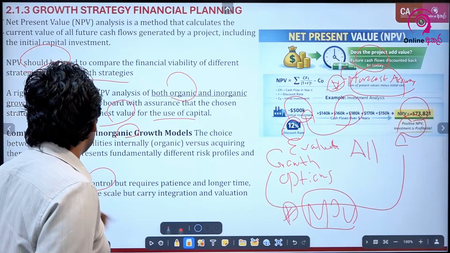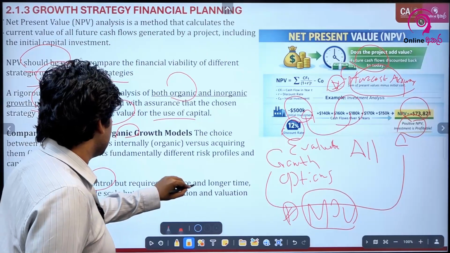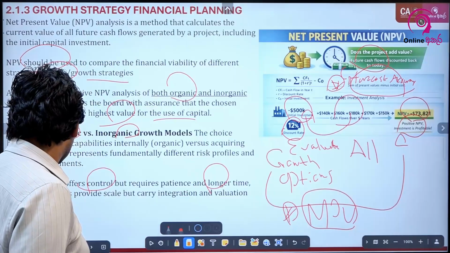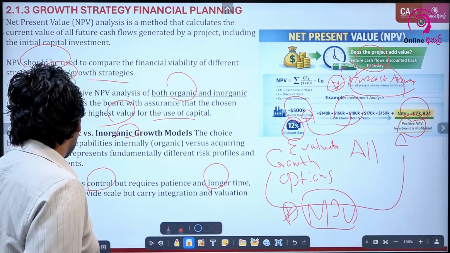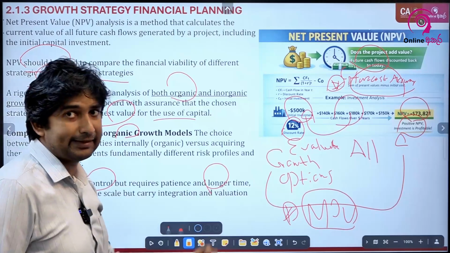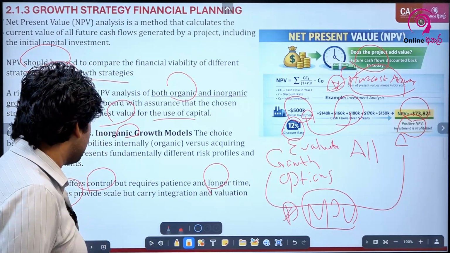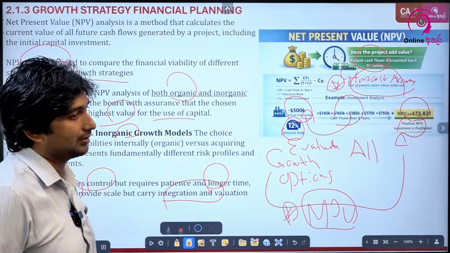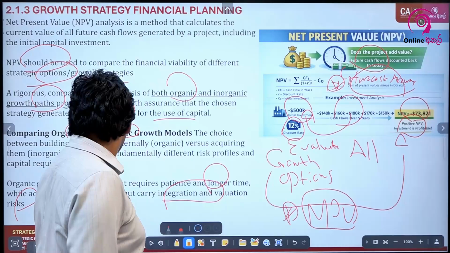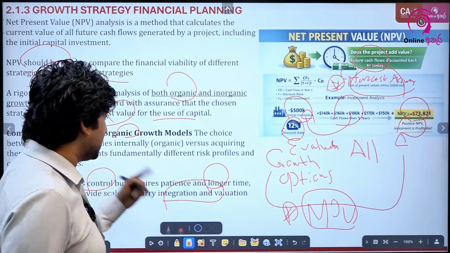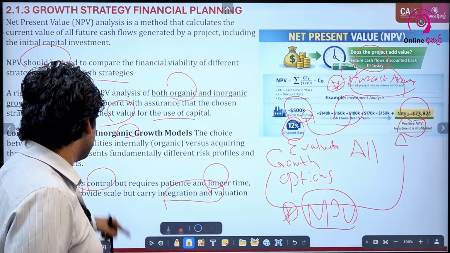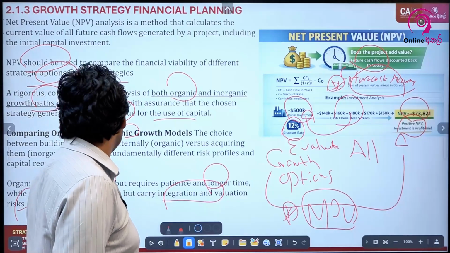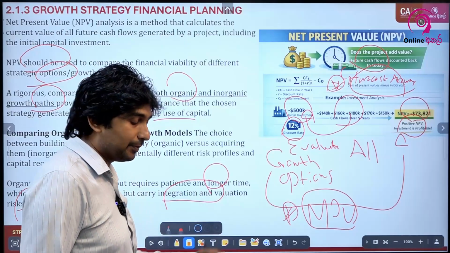Organic growth will give you control, but the bad thing about organic growth is it takes a period of time. If you acquire a competitor, you can easily get that growth by investing money. But the problem with inorganic growth is integration and valuation risks. Organic growth is slow but reliable. Inorganic growth is fast, but integration and valuation risks will be the problem.